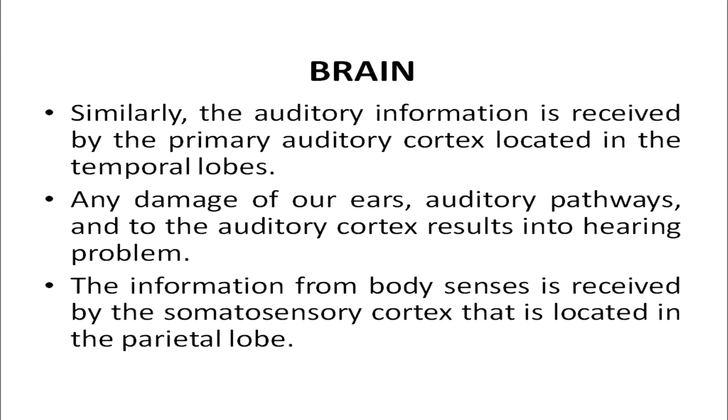The information from body senses is received by the somatosensory cortex, which is located in the parietal lobe. So, we talked about the visual information processed in the occipital lobe, the auditory information processed by the temporal lobe, and next is the sensory information processed by your somatosensory cortex, which is located in the parietal lobe.